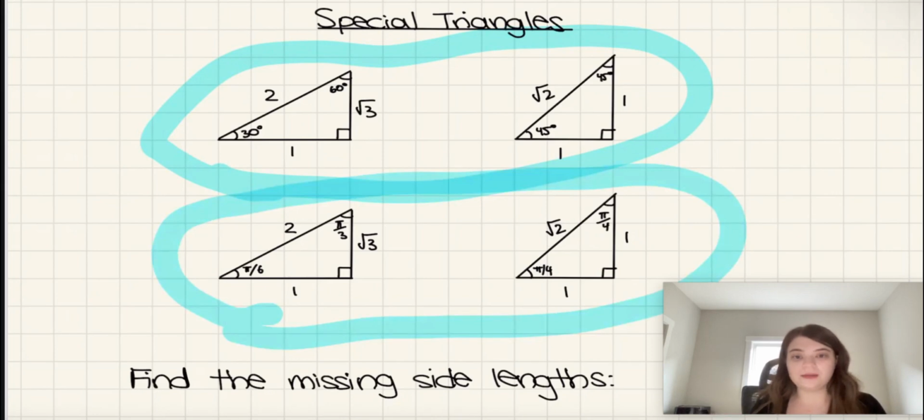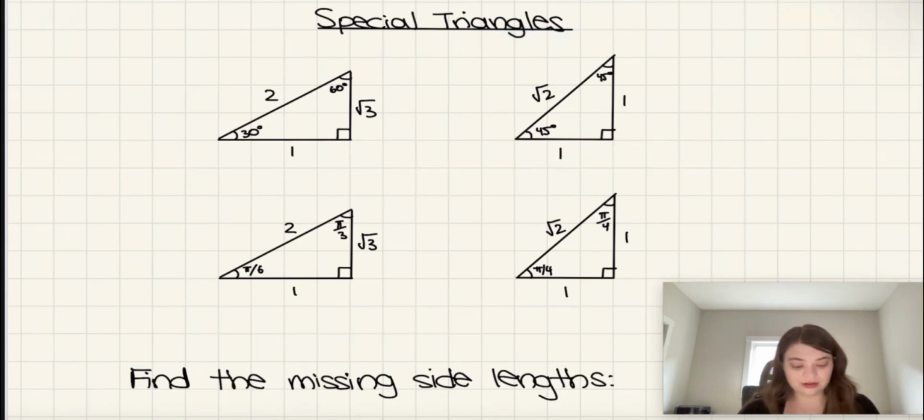If you want to learn more about converting from degrees to radians or vice versa, I do have a video on that. But basically, these are the same triangles just repeated again with radians. Now, the thing about these two triangles is that these triangle ratios are always going to be the same no matter what.